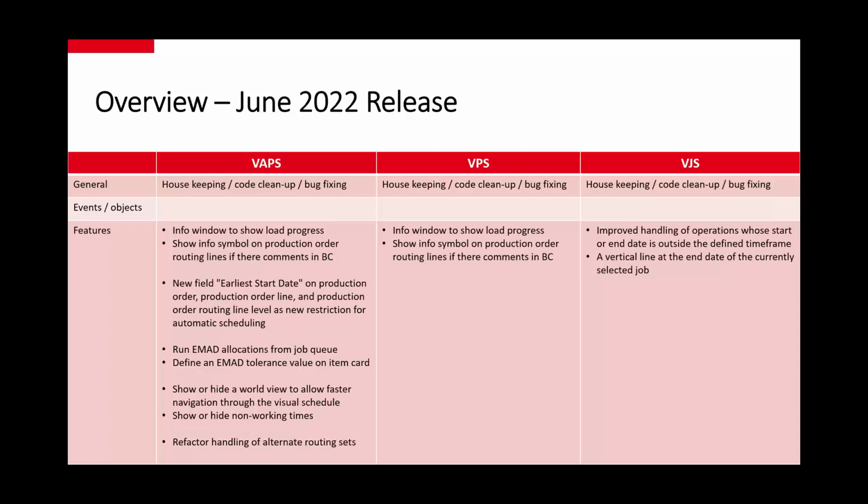on earliest material availability. Then we can also define a tolerance value on the item card. For example, if you have an item where the BOM says we need 10 units of this item to build this, you can say my EMAT tolerance is 10%. So if you only had 9 components on stock, you would already start the production and this would not be shown as material missing.